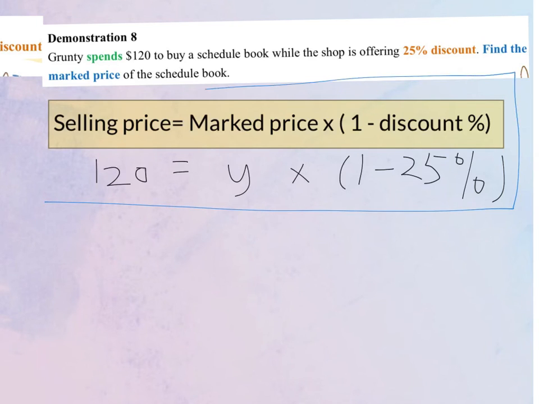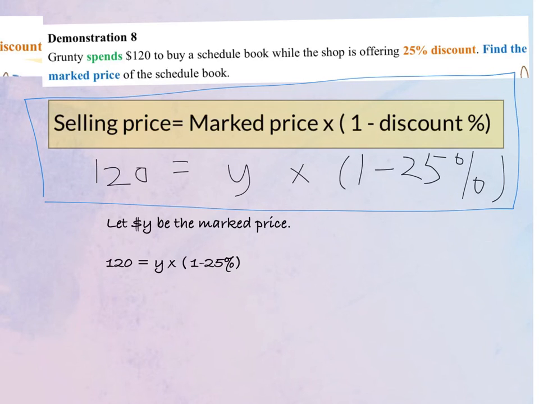And we start from the presentation. Step 1, let the market price be the unknown. Let Y dollars be the market price. Step 2, set up the equation: 120 equals to Y times 1 minus 25%. And then change it to decimal. That means 75% becomes 0.75. What's next?